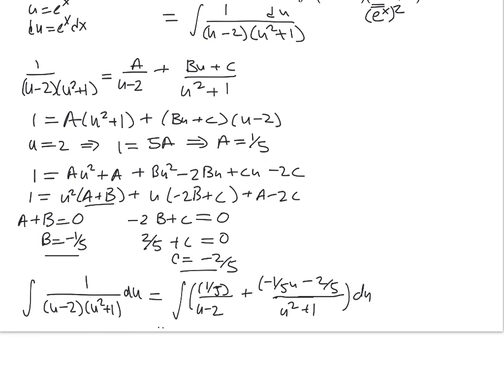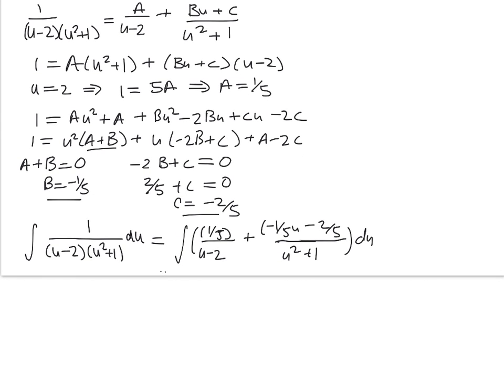And just like the previous one that we had that was quadratic, you got to break it into two pieces. So we have 1/5 the integral of 1 over u minus 2 du, minus a fifth the integral of u over u squared plus 1, minus 2/5 the integral of 1 over u squared plus 1.